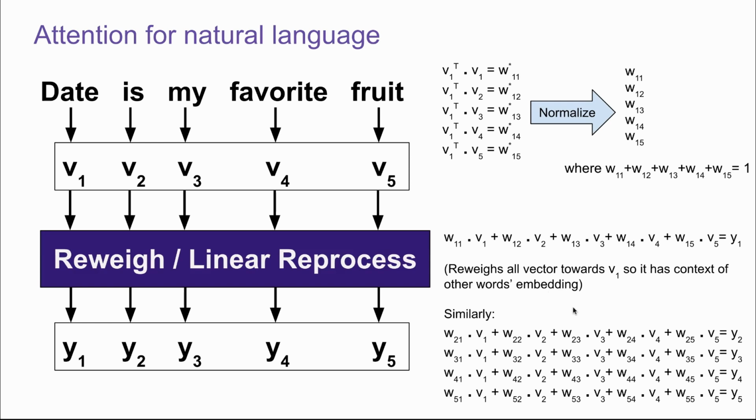We do a similar process for all the other vectors, y2, y3, y4, y5, and we have the new representation of "date is my favorite fruit." Now the y vectors have context. And this is the basis for the attention mechanism in natural language.